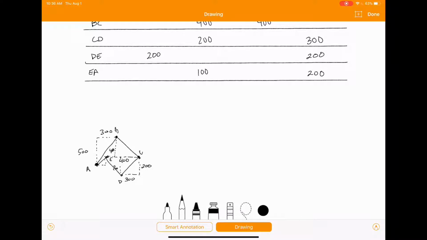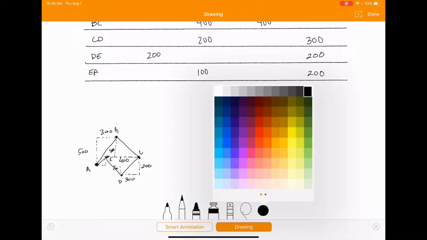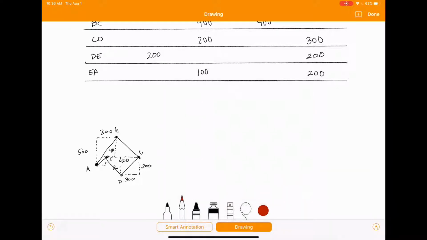So this is our traverse that we want to know the area of.